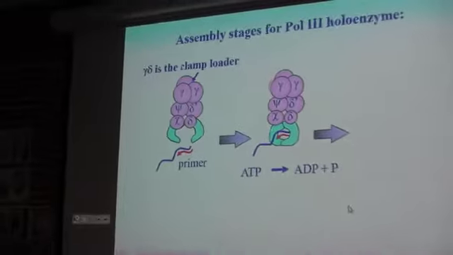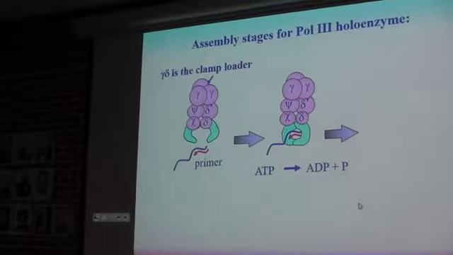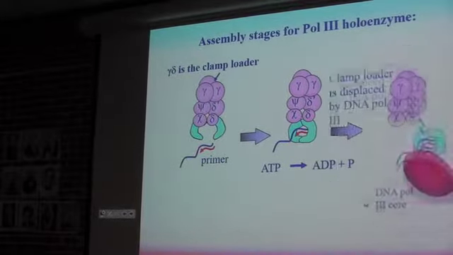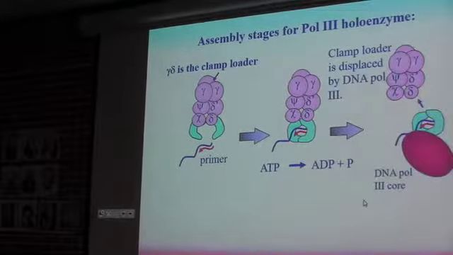Here you see it is now clamped around the RNA primer and the template strand, and here you see it being joined by the core, one of the cores of DNA polymerase, being that red goose egg there.